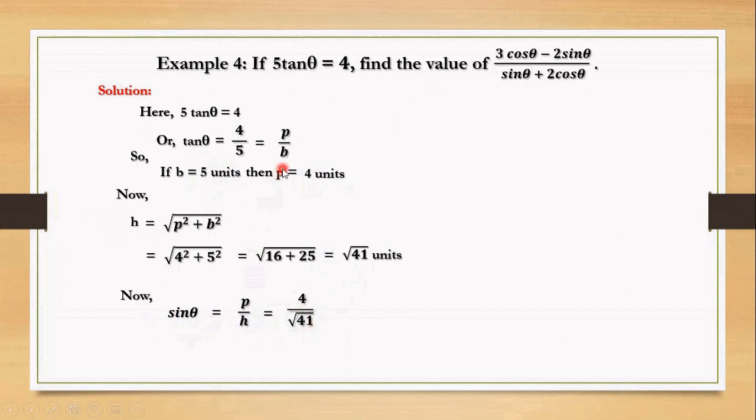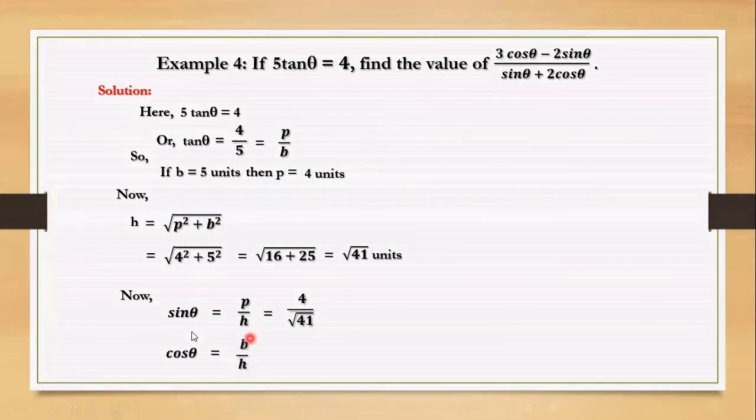And let's find the value for cos theta, whose ratio is b by h. Substituting the values of b and h, we have 5 by root 41. 5 is from the question here, b equals 5. Root under 41 we have calculated from here. So we have the values of sine theta and cos theta.